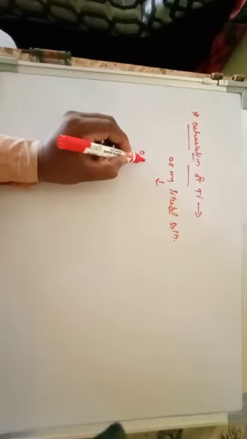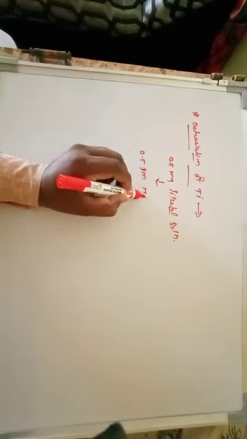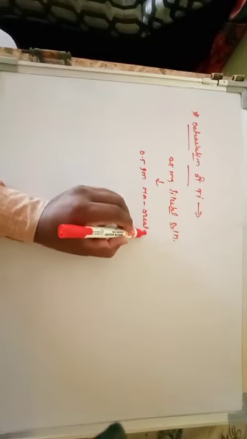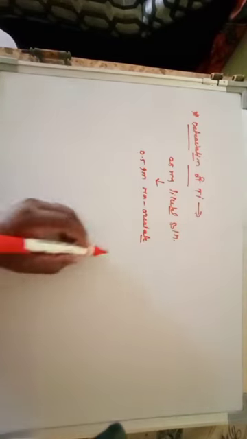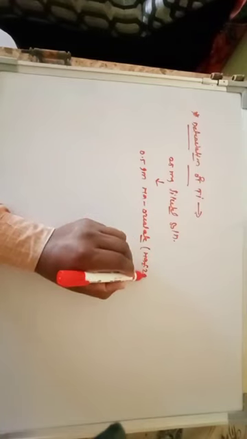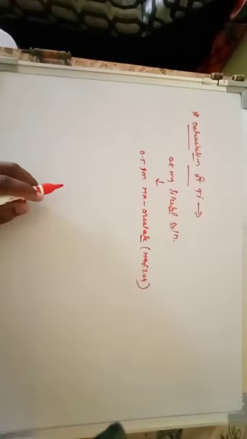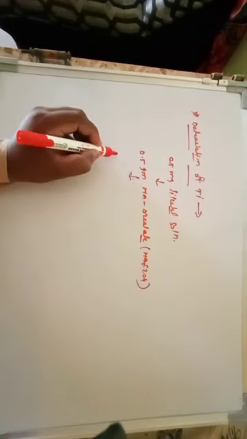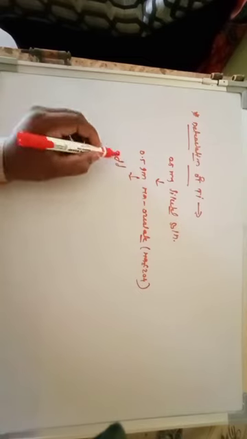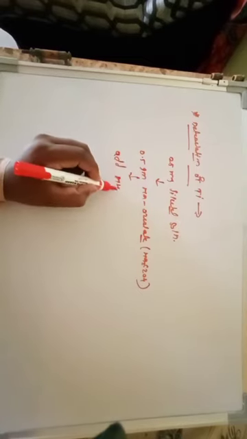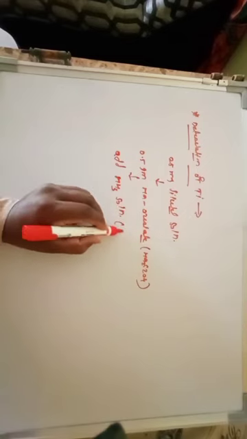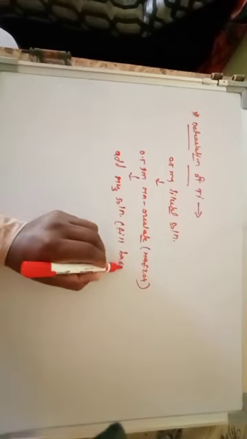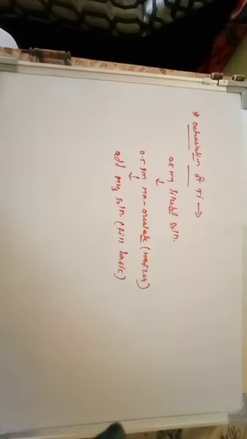Then you have to add 0.5 gram sodium oxalate, that is Na2C2O4. Then add ammonia solution till the solution is basic, and boil for 2 minutes.